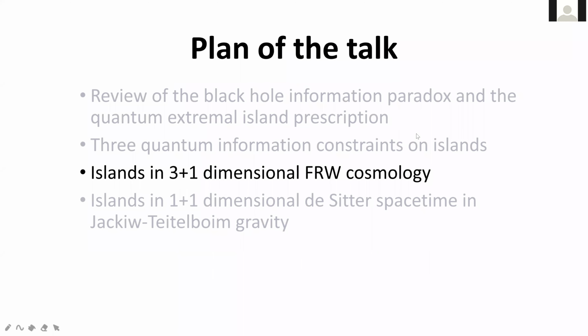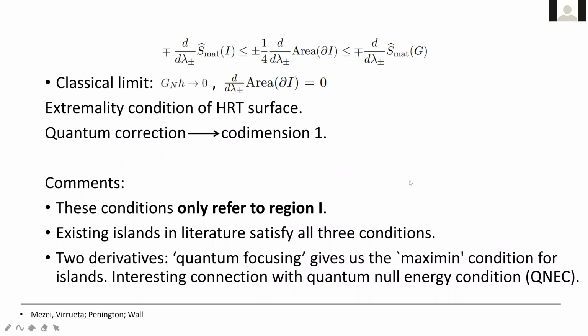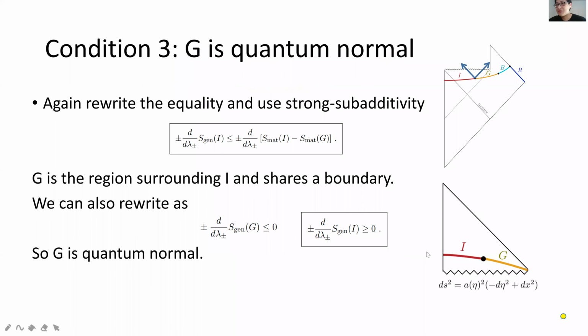So if I understand it correctly, all those conditions only work if the entire state is pure, right? I mean, black hole plus radiation is pure. If I consider a given initial mixed state, all this will not work. Actually, no. The question is really this: suppose I give you this FRW spacetime. It's clear that this state is not pure, right? But can you find a purification such that this becomes an island? Do you assume your entire Cauchy slice quantum state is pure, or in general can it be mixed?